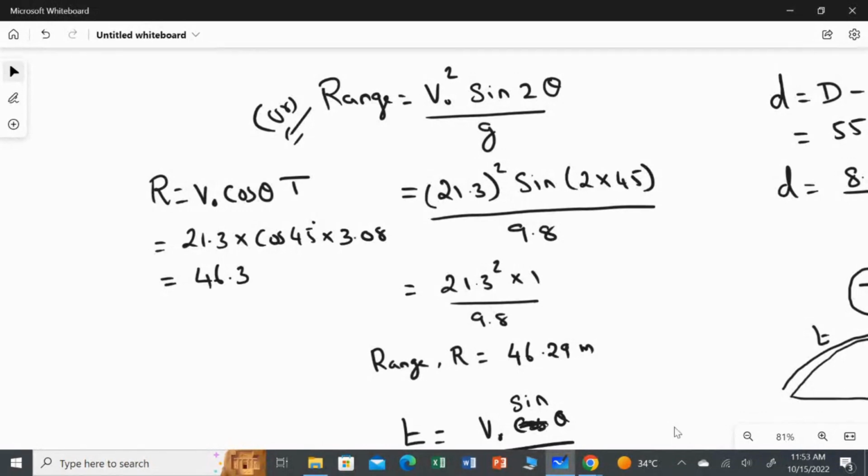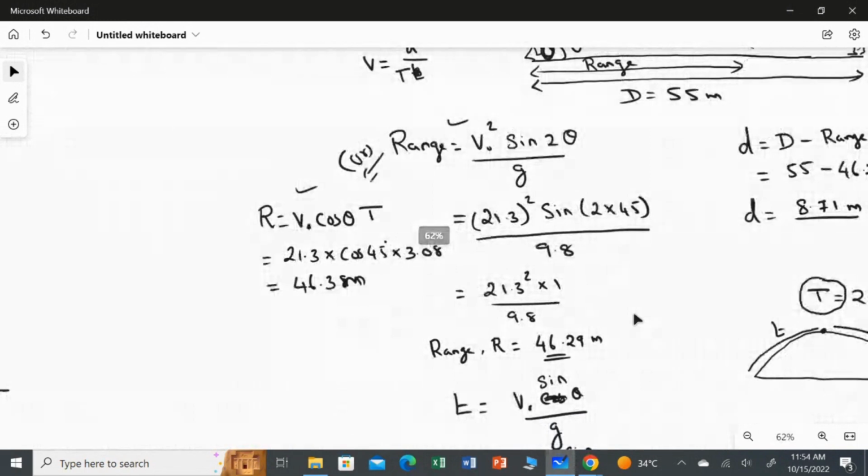See, closer to each other. If you take 46.3, here also it is 46.3. So you will get the same answer, because here I just rounded the value to 1 digit, and if you round this value to 1 digit, you will get the same answer. So either you can use this formula or this formula, both will give the answer. Clear? So in this way you have to solve this question.